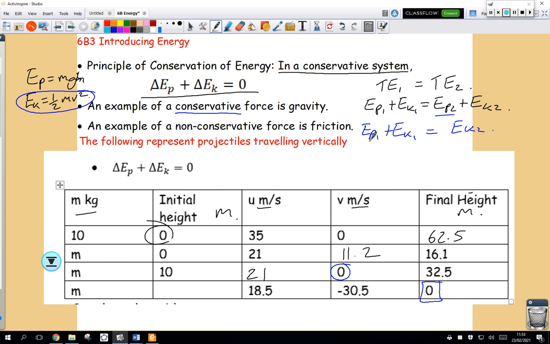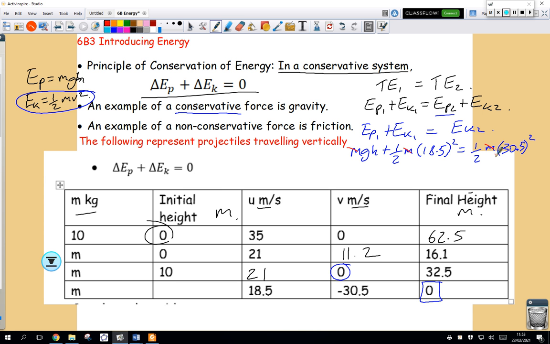Potential energy at position 1 is mg times its height at position 1, which we don't know, plus its kinetic energy at position 1, half times m times its initial velocity squared, which is 18.5 squared, and that's going to equal its kinetic energy at position 2, which is a half times m times the square of its speed. Now its velocity is negative 30.5, but that means its speed is 30.5. It wouldn't really matter if you put in a negative there, you would still get the same thing. Note the cancellation of the masses.